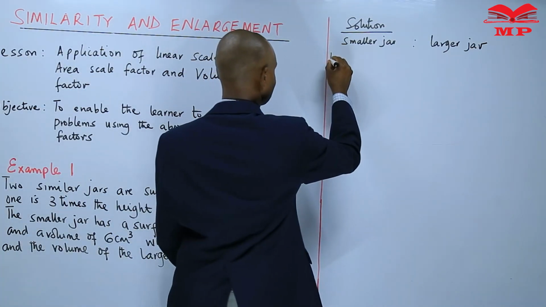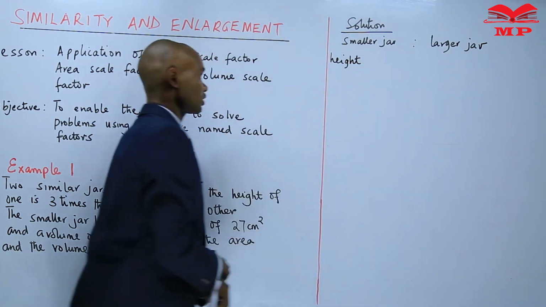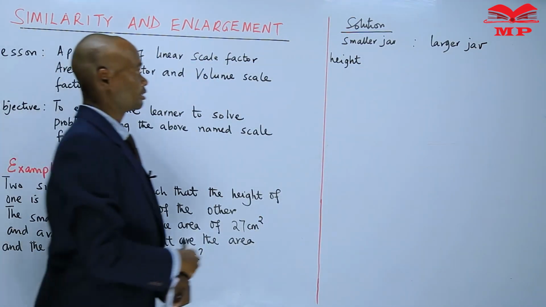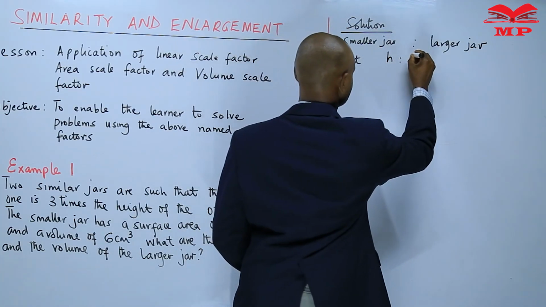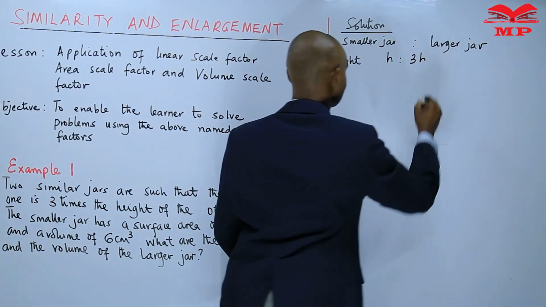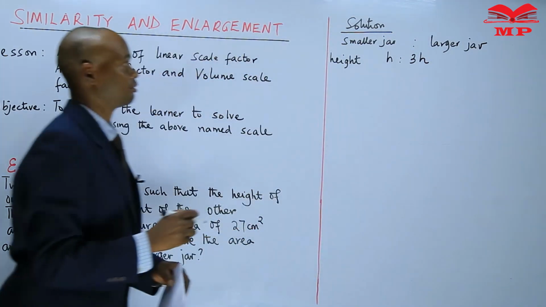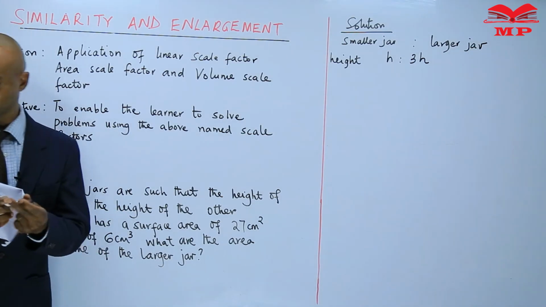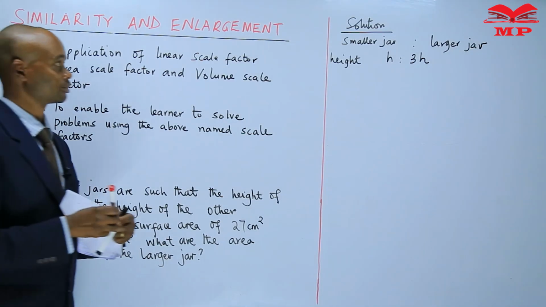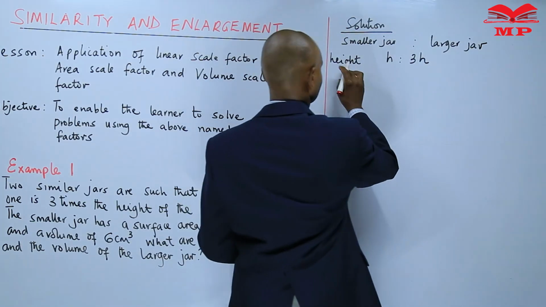When you hear of a height, that is a linear scale factor. So the ratio of the heights is h to 3h. If you hear of a height, learner, that is linear.